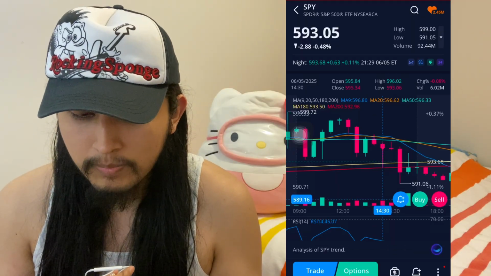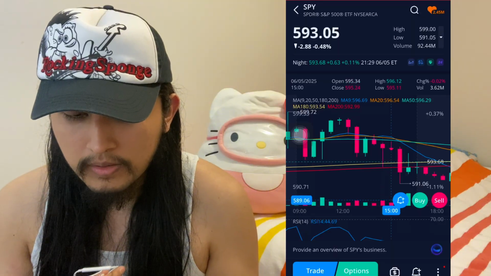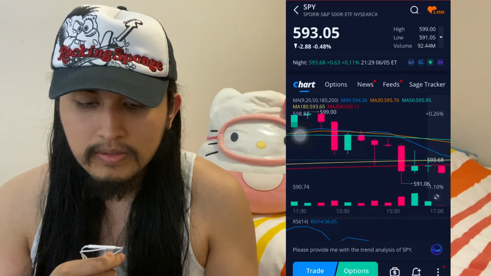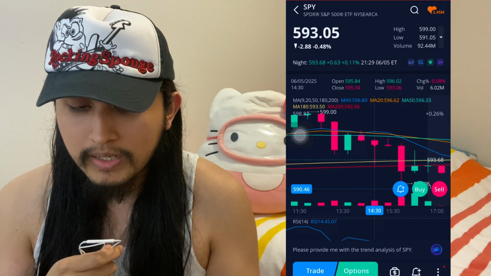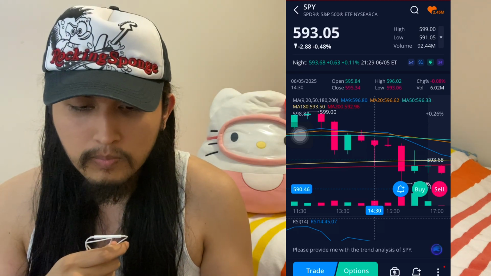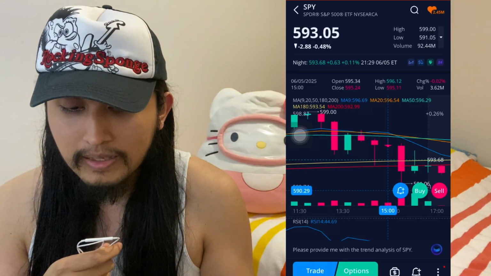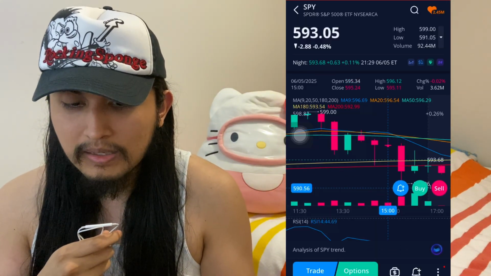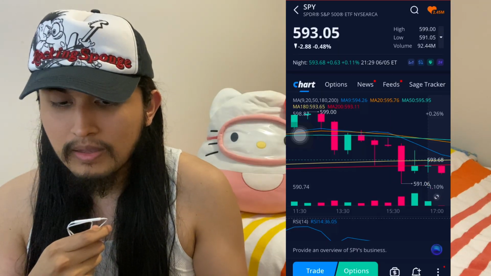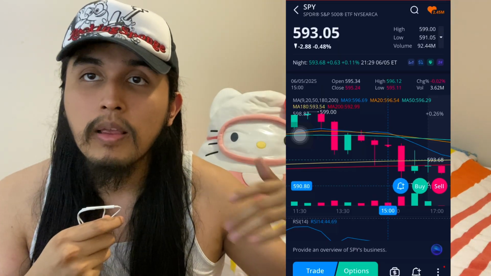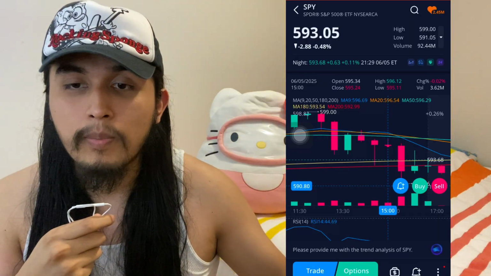That basically happened, and the next thing you could have done is, once SPY used the 180-day moving average, your selling point could have been when the next candle, the 15 candle, approached the 50-day moving average. As soon as it approached the 50-day moving average, that could have been your selling point of when to sell out your position.